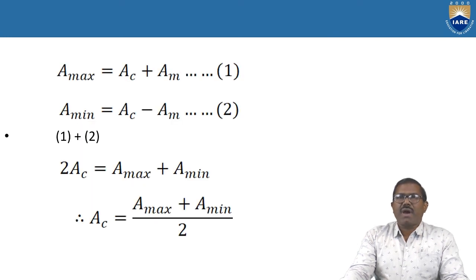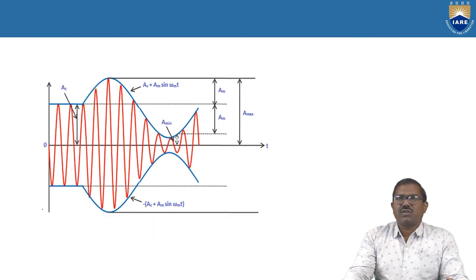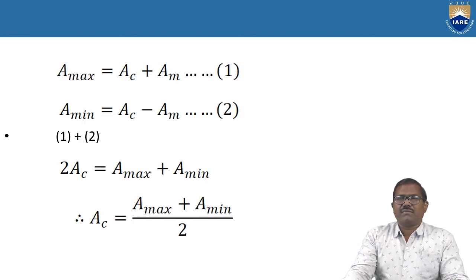A max is equal to Ac plus Am. You can see here the left hand side showing Ac, and above that Ac you have Am. So that is A max, which is equal to Ac plus Am, and A minimum you can see is Ac minus Am.